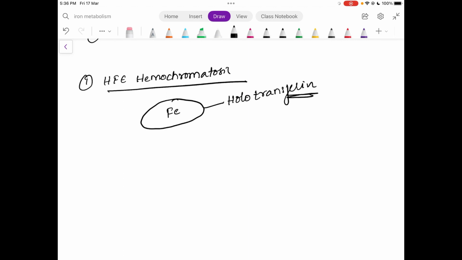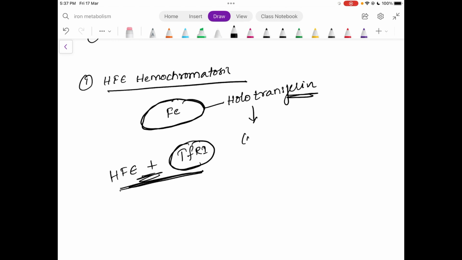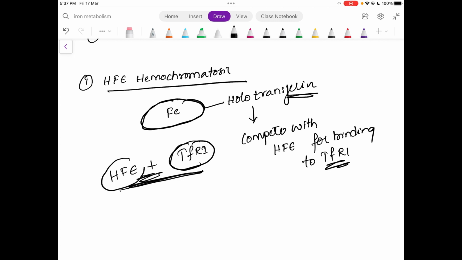And at the tissue level, we have transferrin 1 receptors. Normally, HFE will bind with the transferrin receptors. They are together. Whenever holotransferrin is coming to the tissues, it will compete with HFE for binding with TFR1 receptors. That means HFE is thrown out.